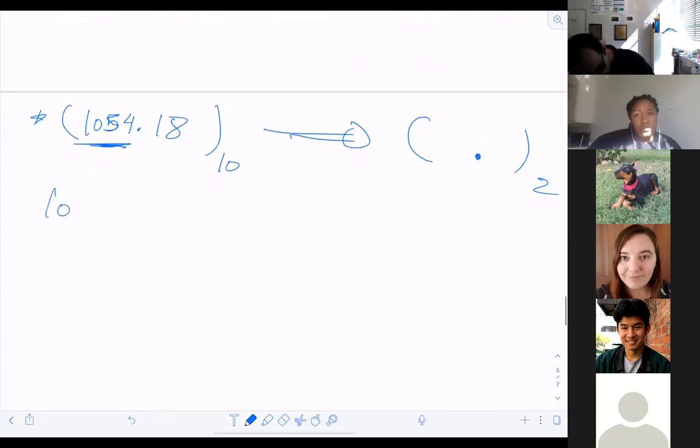So it's going to be 1054 divided by 2. What will the value be? It's going to be 527 plus 0 divided by 2.